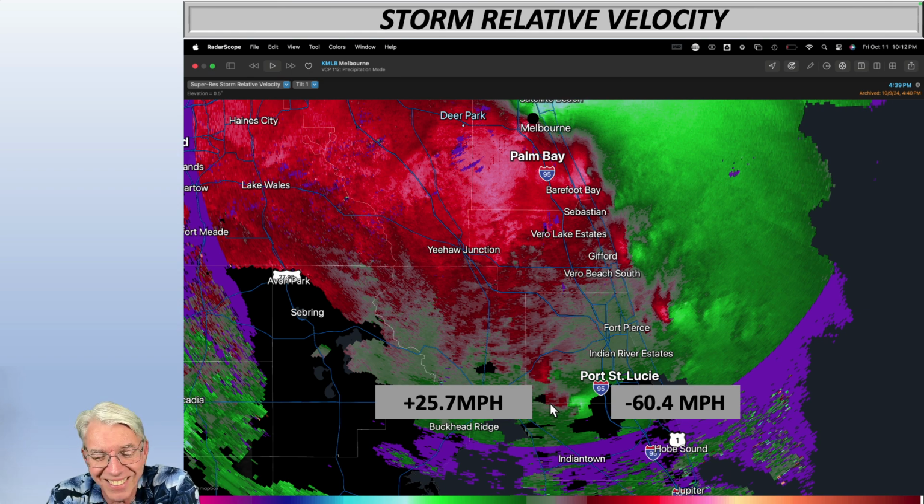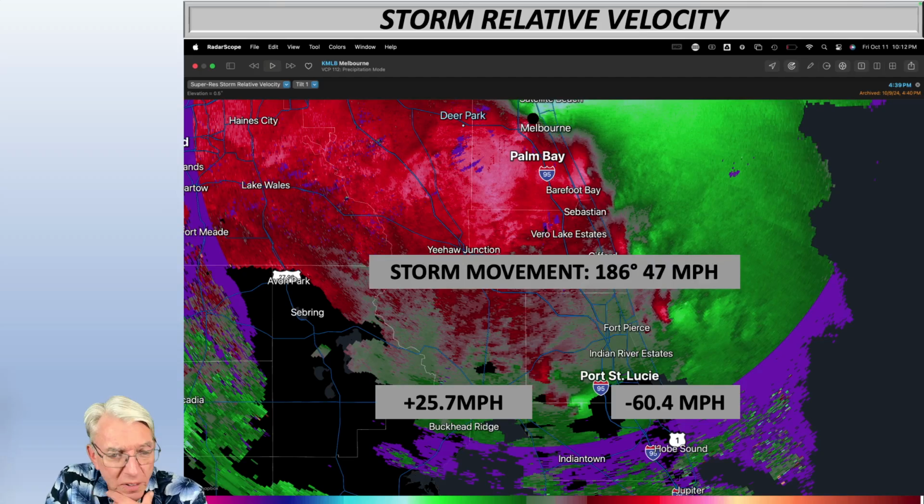How did that happen? Well, the storm movement in this particular cell is from 186 degrees at 47 miles per hour. So 47 miles per hour of that minus 107 was being generated by the large-scale flow. So if you take 107 and decrease it, okay, by 47, then you get about an inbound wind of minus 60, okay?